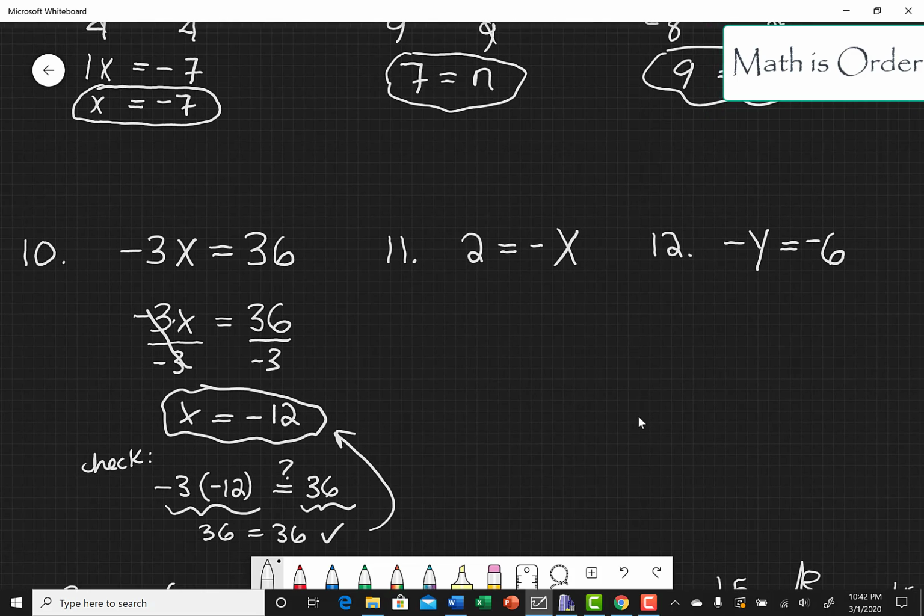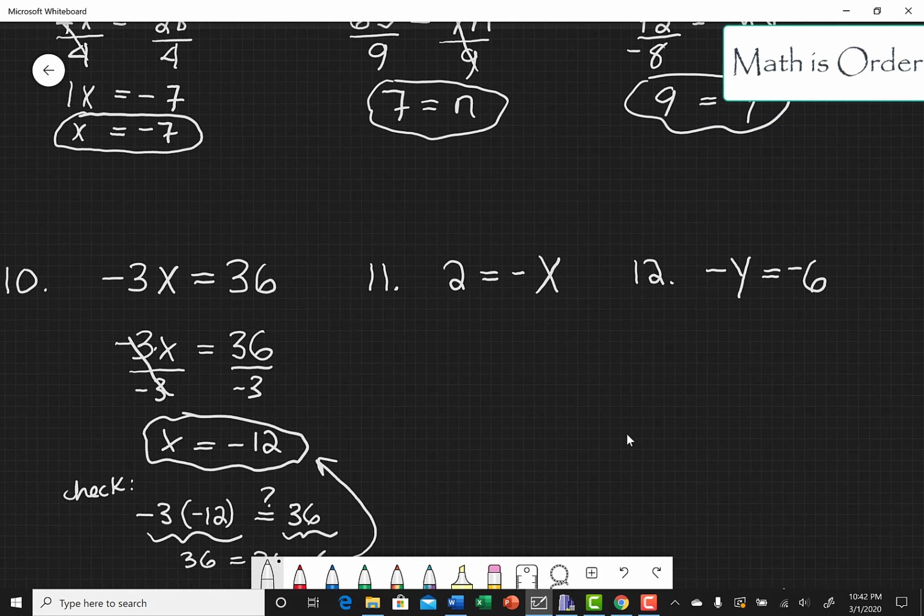All right, let's do a few more. Here, it looks like we do have x by itself, but not quite. We still have to get rid of this negative. Now, whenever you see a negative next to a variable, you've got to understand there's an invisible 1 right in front of that variable.